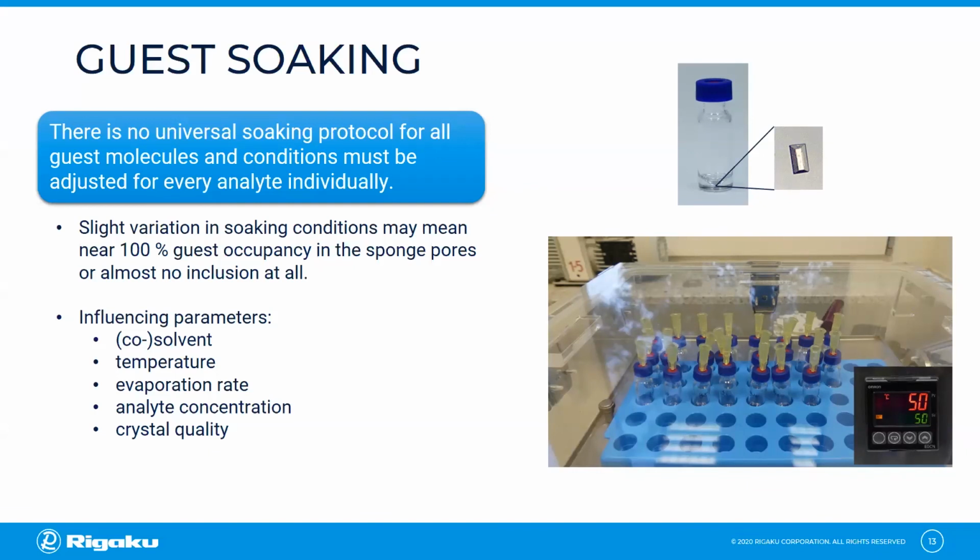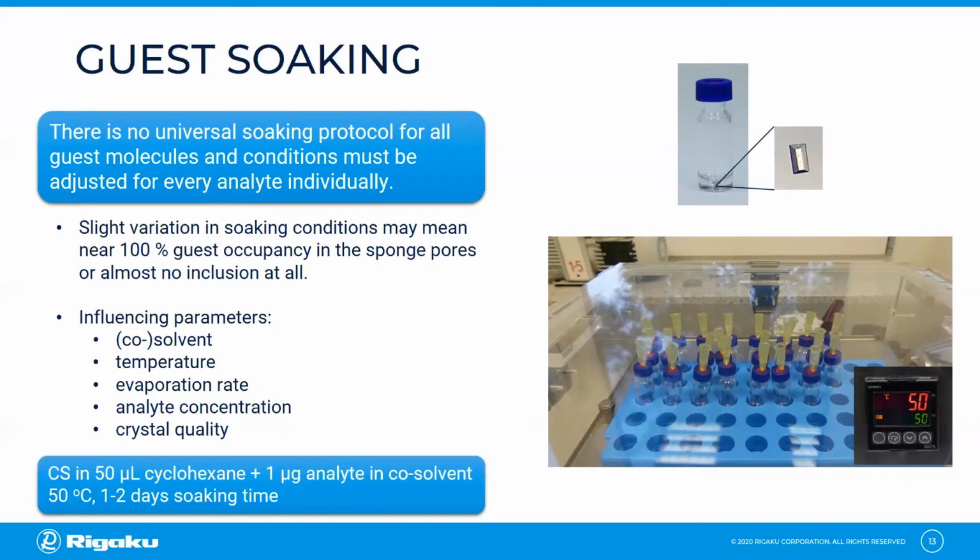Absorbed guest molecules should be thermally equilibrated throughout the crystal sponge. That means there should not be a gradient of disordered molecules, nor should the excess guest molecules be fixed on interstitial positions in the crystal lattice. This can also be adjusted by the analyte concentration. The crystal quality is crucial too, as I already pointed out.